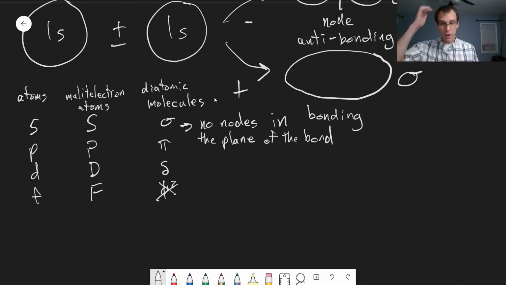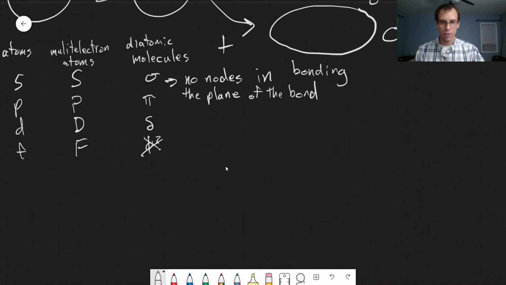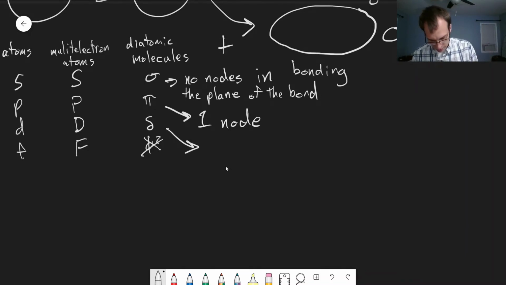So even our anti-bonding orbital, if we're looking in the plane of the bond, so our bond is along this plane here, there's not a node along that plane. A pi orbital has one node along the plane of the bond. A delta orbital has two, and a phi orbital, or whatever the proper Greek letter is, would have three. We'll look at what those look like shortly.